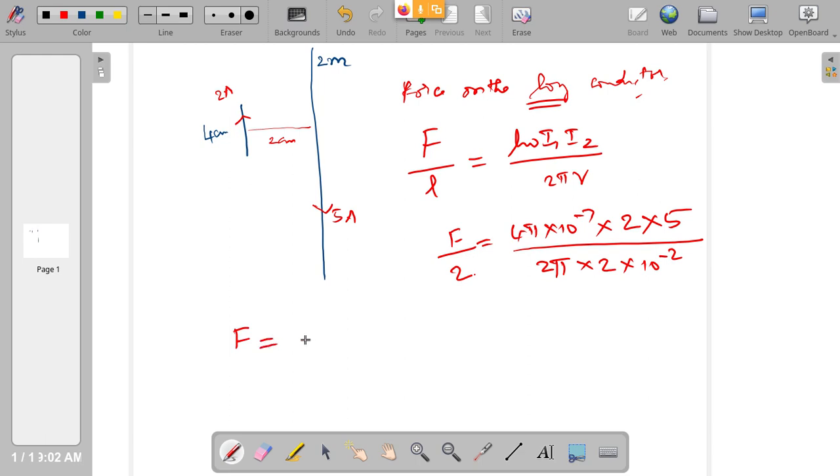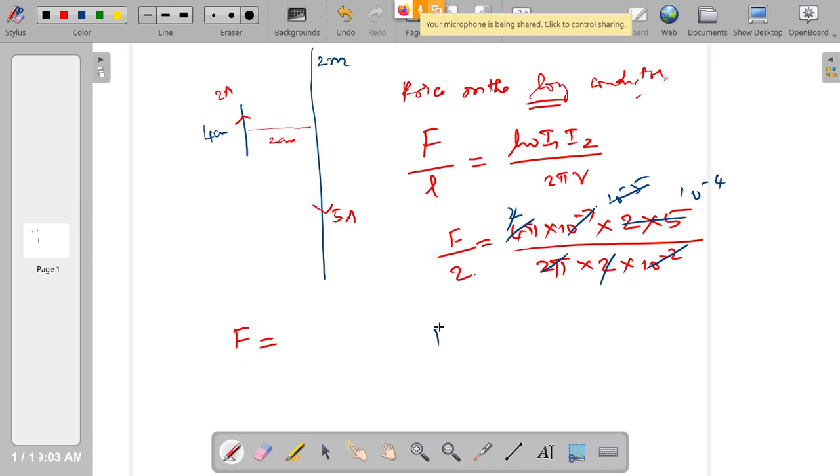So F is equal to, here we will do direct cancellations first. 4 pi, 2 pi we can cancel, get 2. 2 and the denominator 2 will cancel. 10 power minus 7, 10 power minus 2. So it is 10 power minus 5. 2 into 5 is 10. So this is 10 power minus 4.